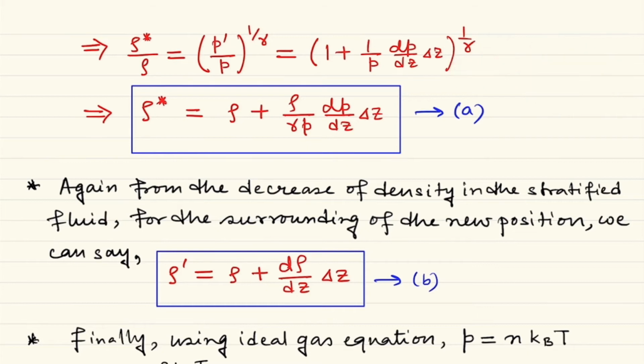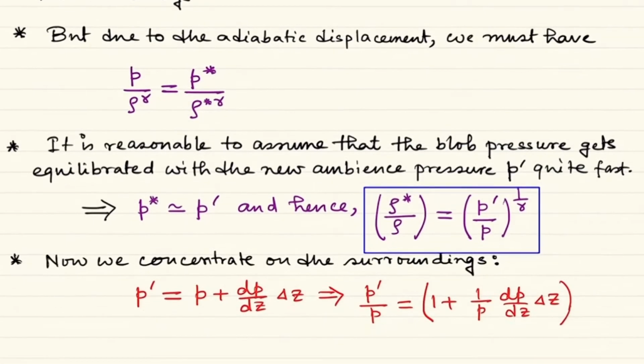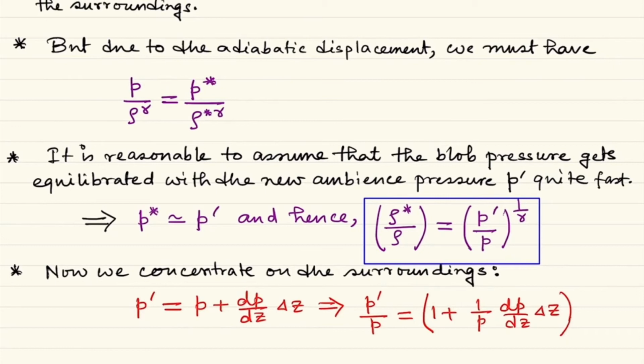Now you just multiply throughout by rho, and then you have this equation, small a. Again, that was the story for the decrease of pressure in the stratified fluid, and we have mixed this with the relation of the densities for the blob.